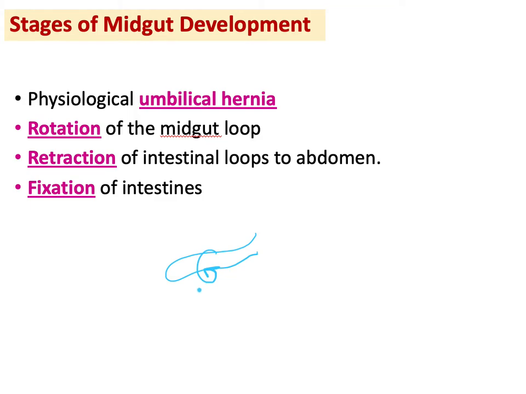Once rotated, it retracts back inside the abdominal cavity, then is fixed. That means it's very simple. First of all, herniated outside, then rotated 90 degrees, then retracted back. Once retracted back, during that process it also rotates another 180 degrees, and then is fixed. These are the steps of midgut development.